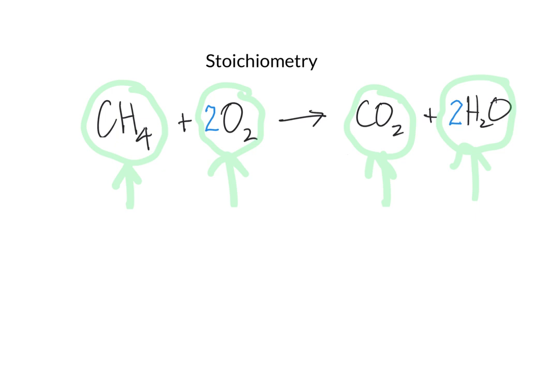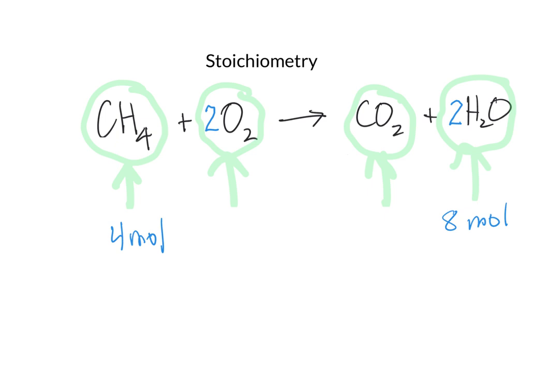So if I wanted to react 4 moles of CH4, I might want to find out how many moles of water I would get. Well, since it's a ratio of 1 to 2, I'm going to get twice as many moles of water, or 8 moles of water. And that's one way to interpret it.